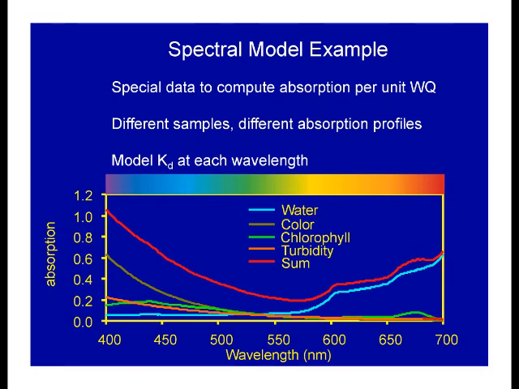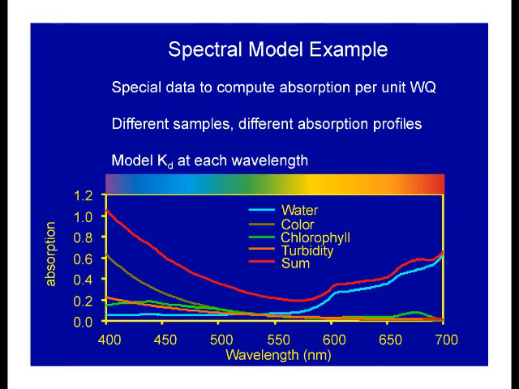The light blue here is the attenuation due to the water itself. The green, this little bump here and another little bump here, is the attenuation due to chlorophyll. There are other spectral shapes that are due to turbidity and to dissolved organics, or CDOM. We add all those up together, and we end up with this red line here, which is the sum of all of the individual components of absorption.